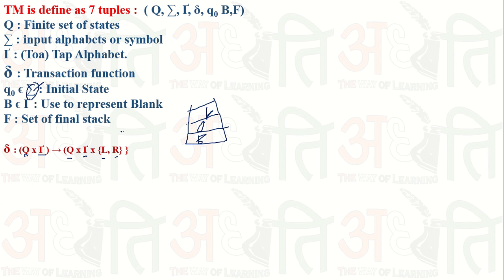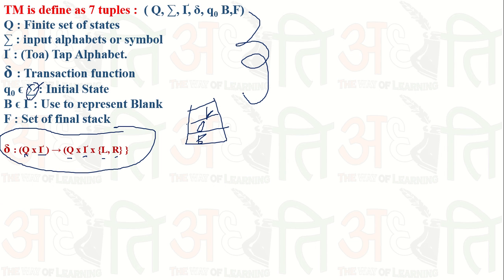So it is simply the formal definition of a Turing machine. So what is a Turing machine? A Turing machine is nothing but a special machine which contains an unbounded tape and one head which moves left or right in both directions. The tape is unbounded, it can contain any amount of data, and it has the input symbols and the blank symbol. There is a finite control which controls the head to move left or right and read the data.